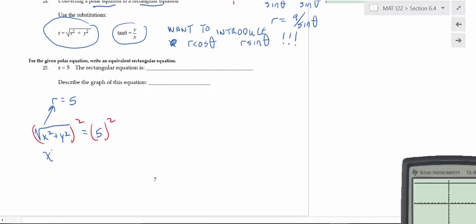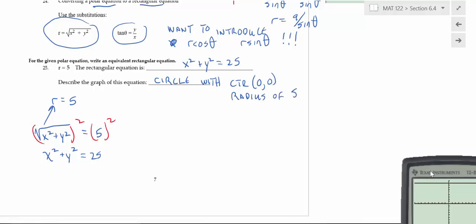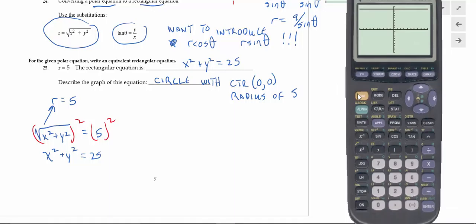So you get x squared plus y squared equals 25. We write the rectangular equation as x squared plus y squared equals 25. Well, what is that? That is a circle with center 0, 0, and a radius of 5.